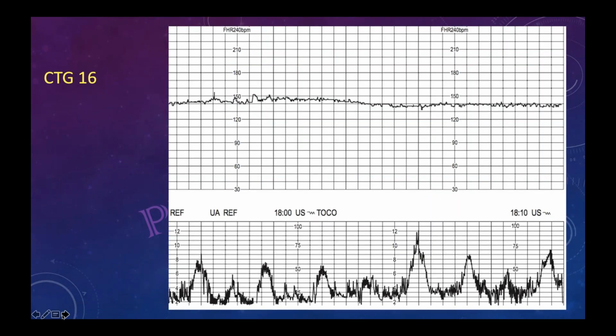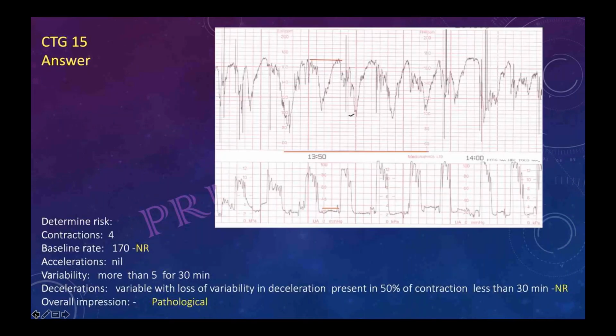Okay, ma'am, can you explain that you said it is less than 30 minutes CTG? So, ma'am, when we can say that it will be abnormal? If it is variable decelerations more than 50% of contractions of more than 30 minutes, then it will be said abnormal.